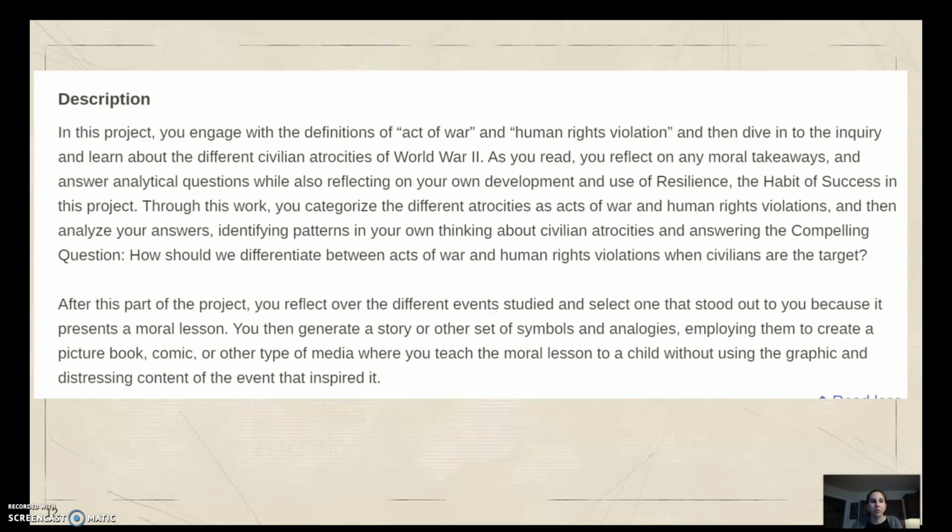We've gone over the project description before, but basically you're separating acts of war and human rights violations. You're also going to look at resilience and the habits of success, and eventually you're going to make a picture book, a comic, or another type of media where you teach a moral lesson to a child, but you're not using the graphics you would for an older child.